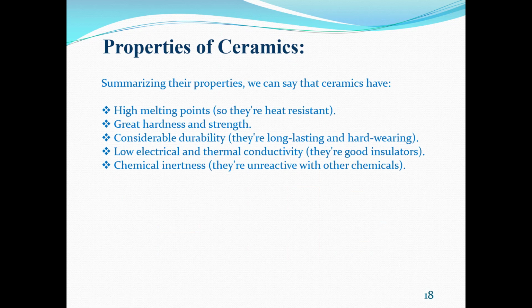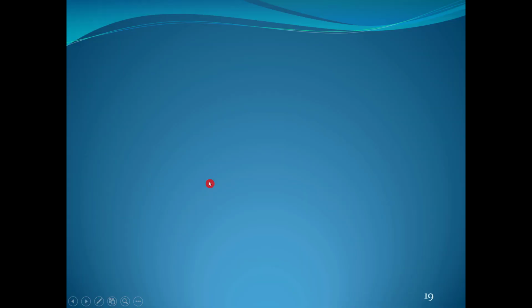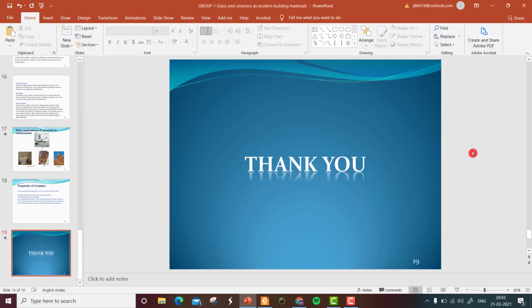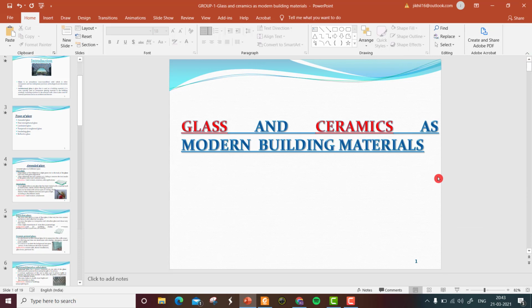The various properties of ceramics include a higher melting point, so they are heat resistant. They have greater hardness and strength, considerable durability, are long lasting, have low electrical and thermal conductivity, and are also chemically inert.